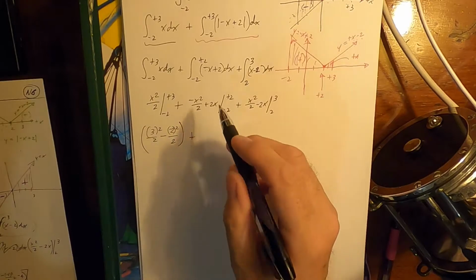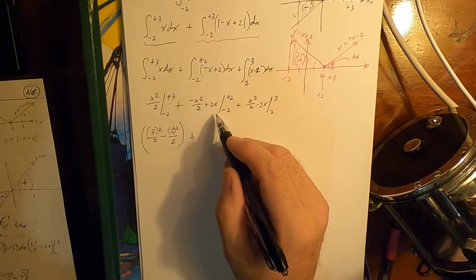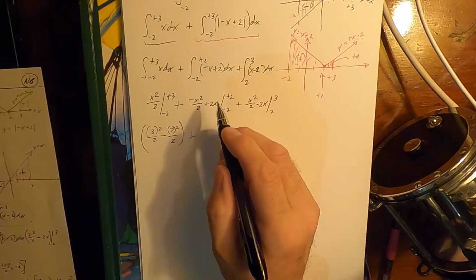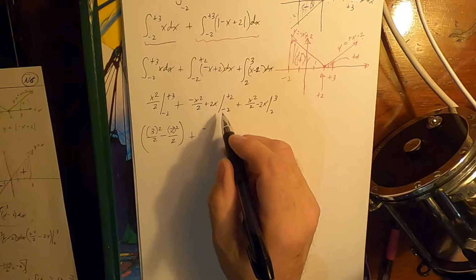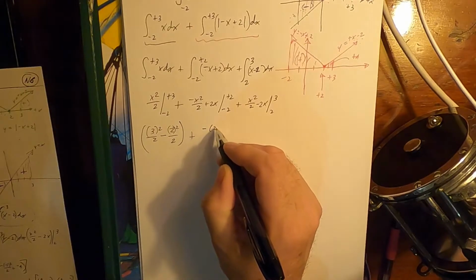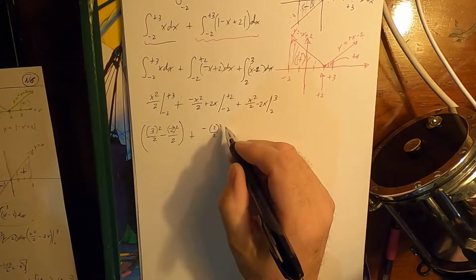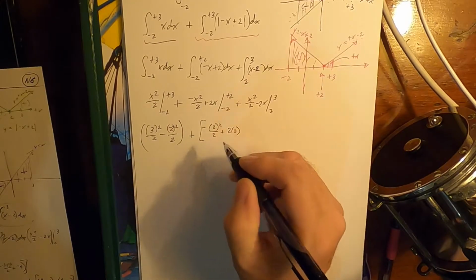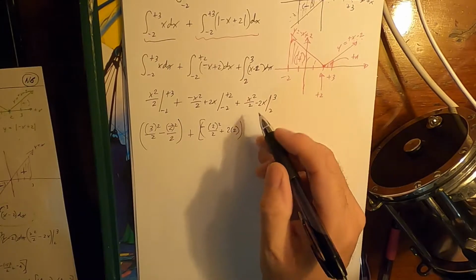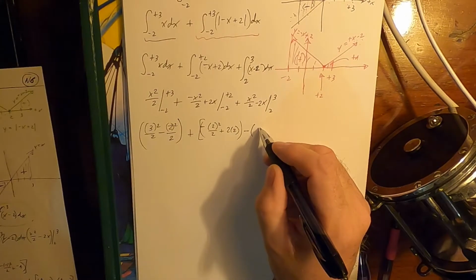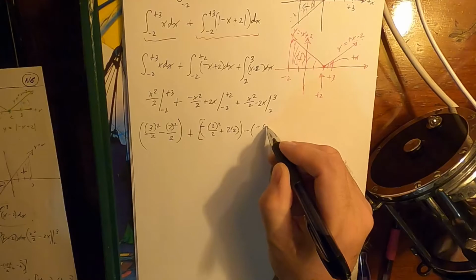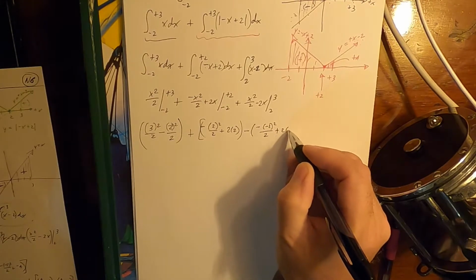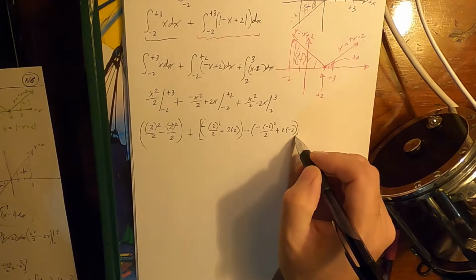All right, plus, now this one here would give us minus 2 squared over 2 plus 2 times 2, and then that would be minus this guy here, which would be a minus 2 squared over 2 plus 2 times minus 2. There you go.